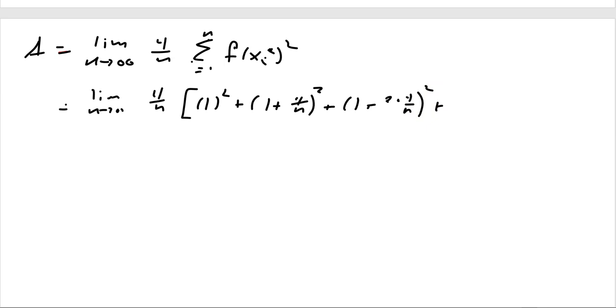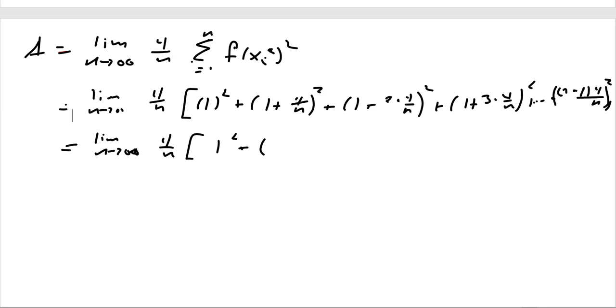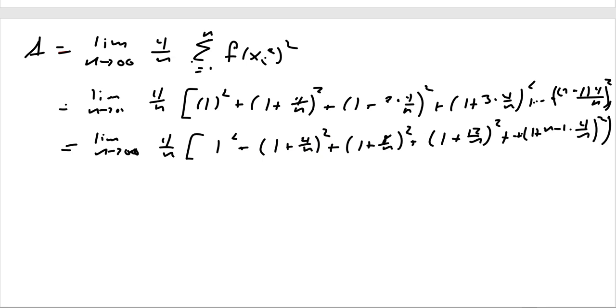Then we would do 3 of those intervals over. All the way until we got to the very last one, which would be n minus 1 times 4 over n, that squared, because that's how many intervals we have. 1 plus 4 over n squared plus, now let's evaluate that limit.